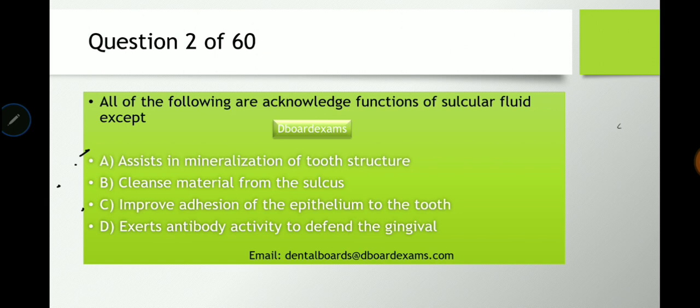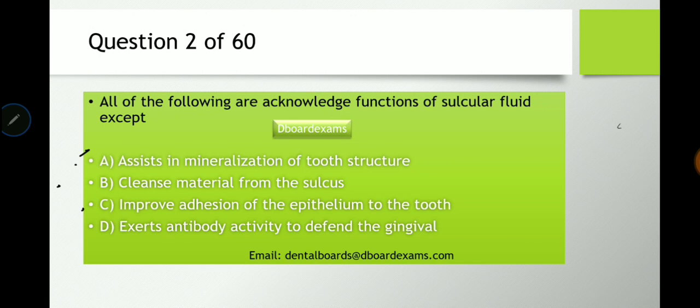All right, so question 2. Which of the following are acknowledged functions of crevicular fluid, except? So all of the following are acknowledged functions of crevicular fluid, except which one is the exception?